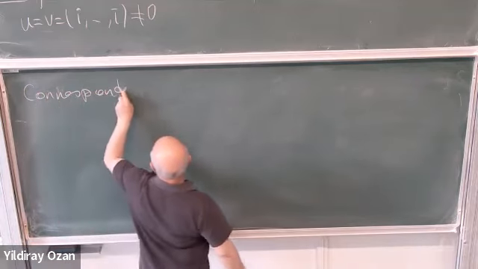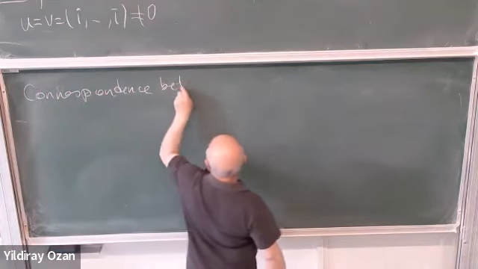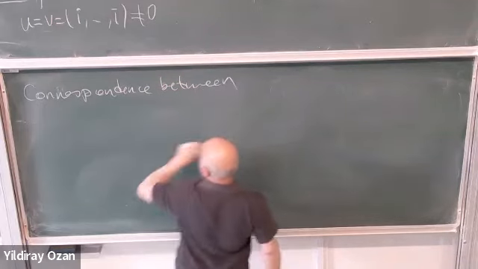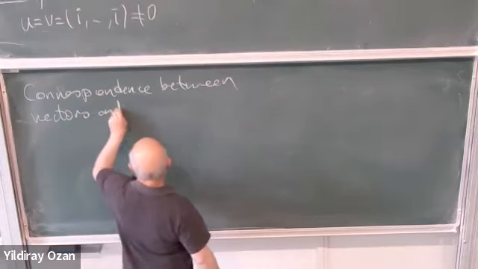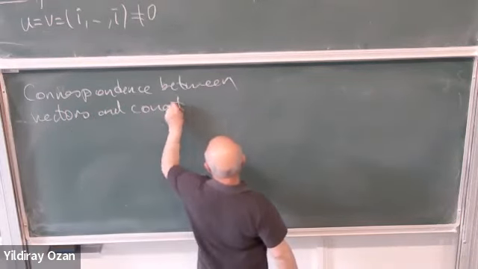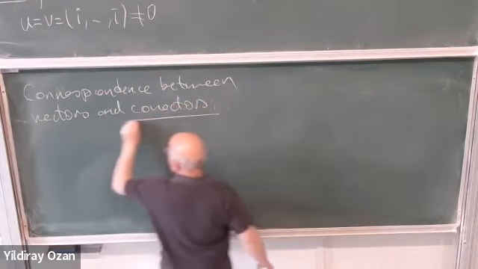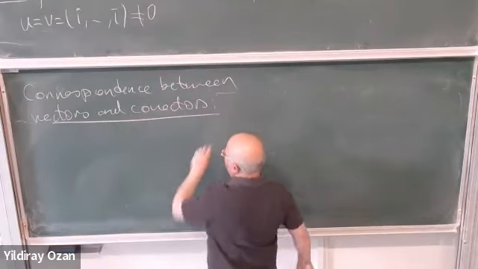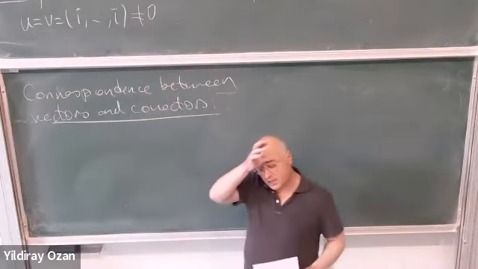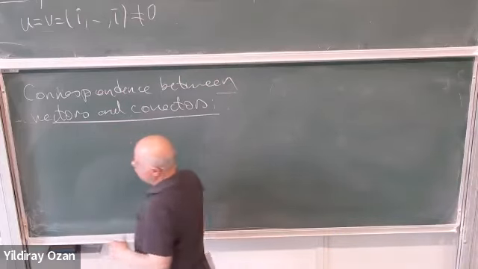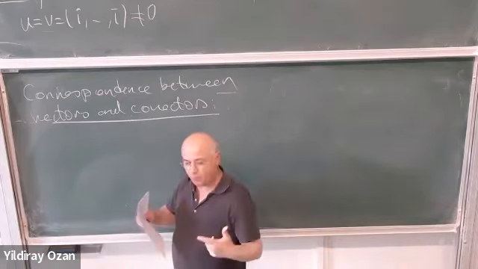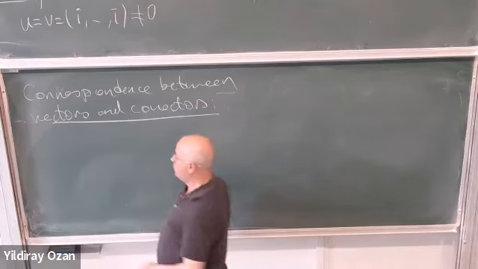Correspondence between vectors and covectors. In general, if we are given a vector space, okay, there is no natural map from vectors to covectors.